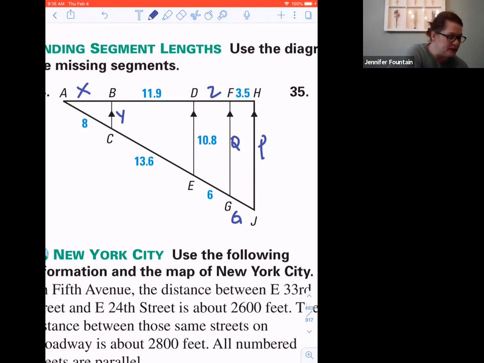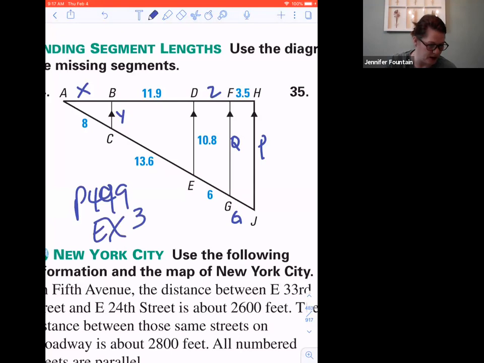And that one is going to go along with theorem 8.6. If you're confused on that one, go back to page 499, example 3. You're going to use that one, and then you're also going to use page 501.